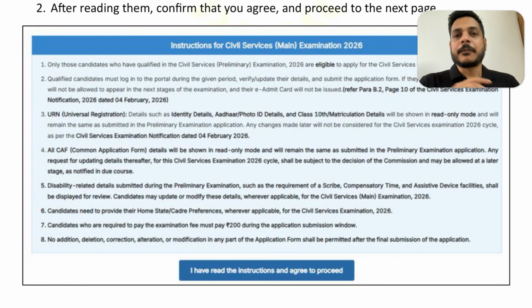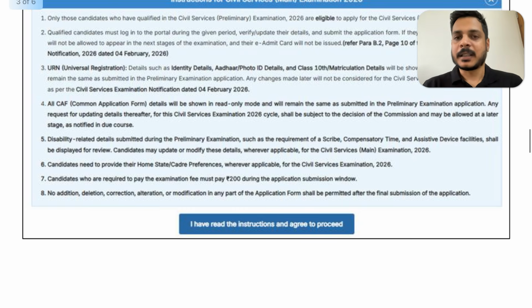Fifth is the disability related details. This is where students who belong to this category can modify or update their details wherever it is applicable in the Civil Services Main Examination 2026. The sixth one is also very important, and that relates to filling up your home state cadre preference wherever it is applicable. The final submission of this form will happen only when you pay the fees required for its further progress.